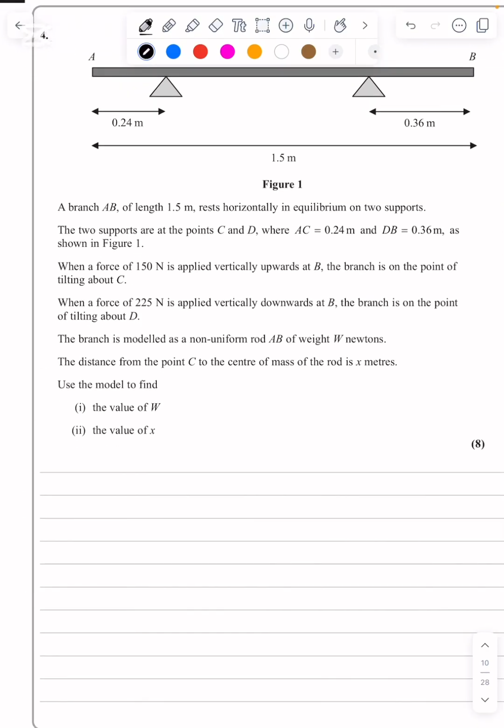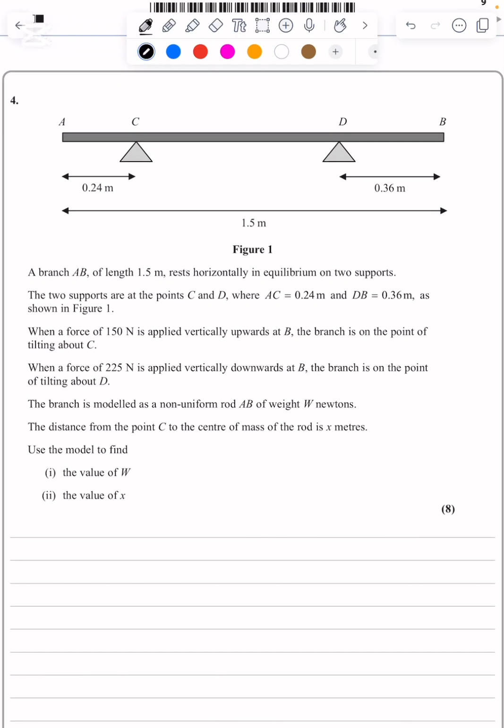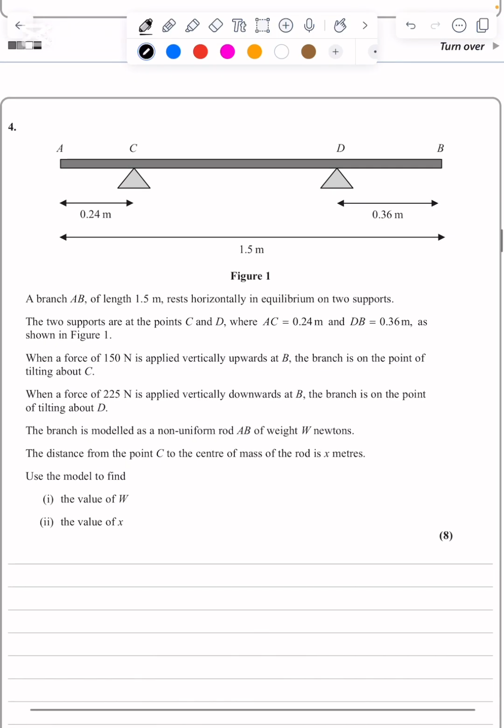Right, question 4. A branch AB. Oh, this is moments, right? I'm not going to read it, of course. Okay, at least it's all labeled. It says it's a non-uniform rod.